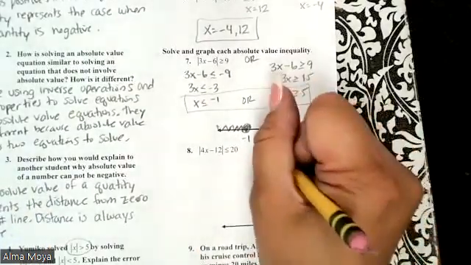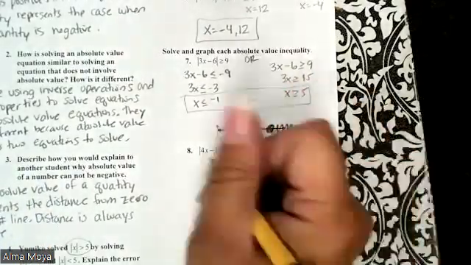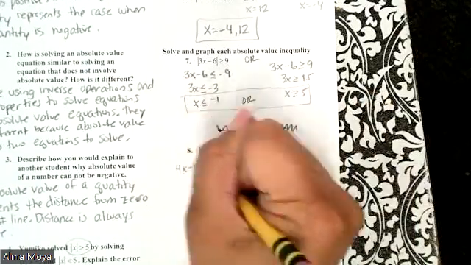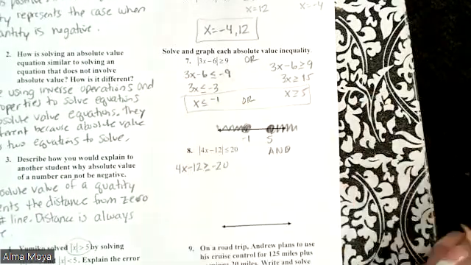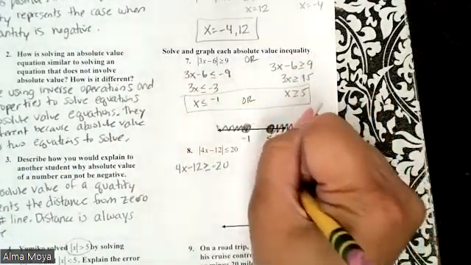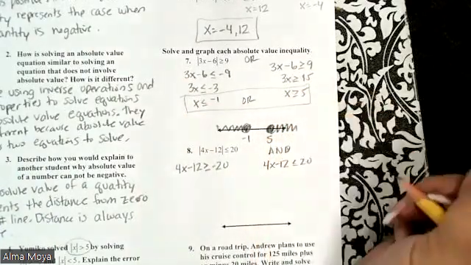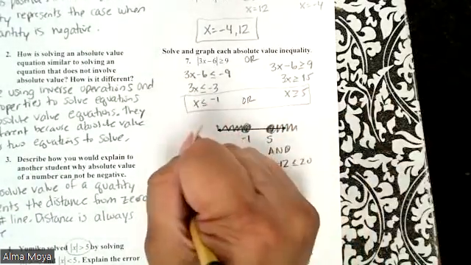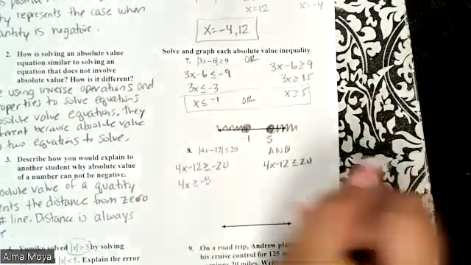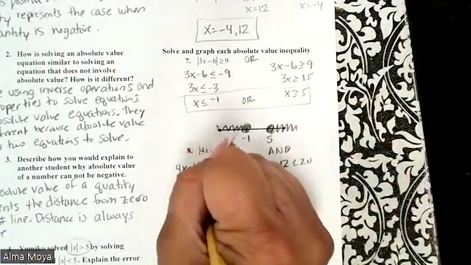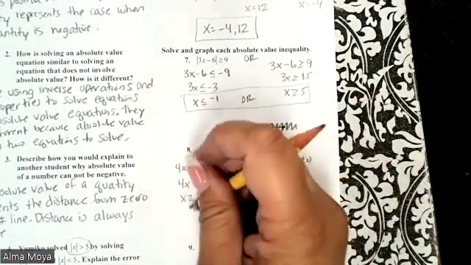That's the less than symbol. So I'm going to let it equal the negative value. So let me flip that first. And then here's the positive value. I'm going to add 12. Divide by 4. That's a negative 2.